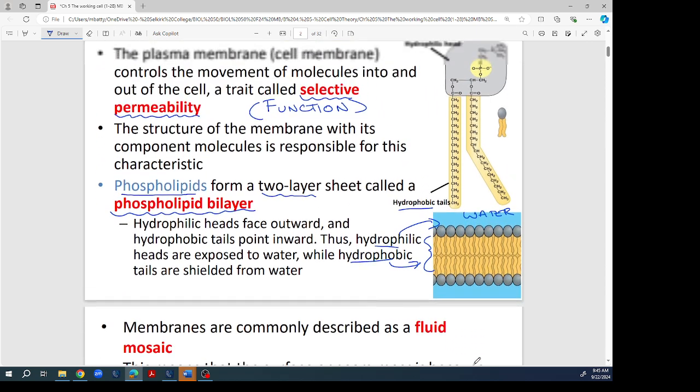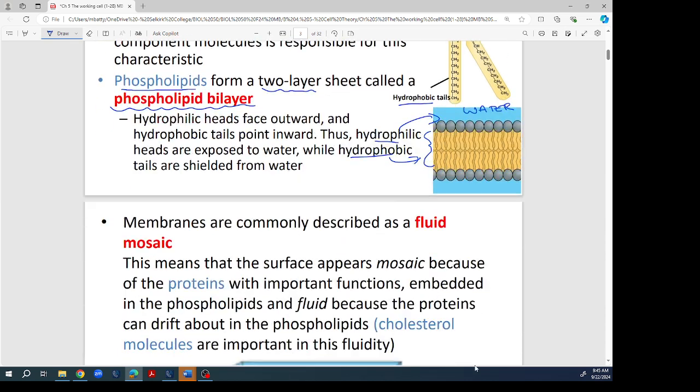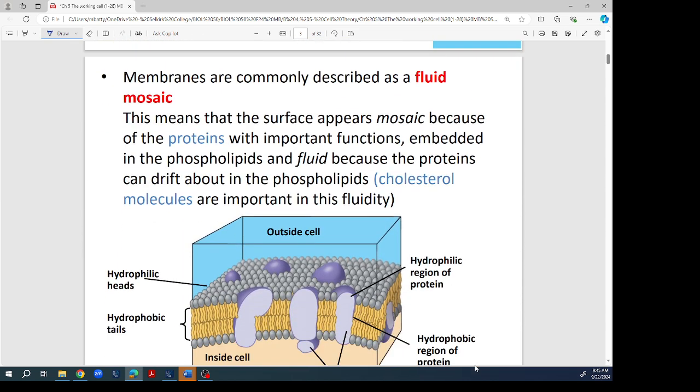Okay, so we've got two key words. We've got selective permeability, or key terms, I guess. They're more than two words. Selective permeability, phospholipid bilayer. And then the third one would be sometimes membranes are described as a fluid mosaic. So there's two words in that, and each one has some kind of a clue as to the other macromolecules that are involved in the structure of a cell membrane.